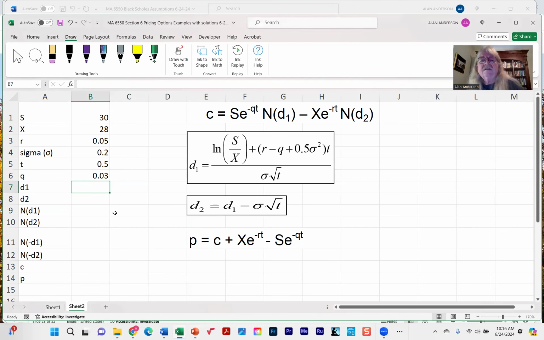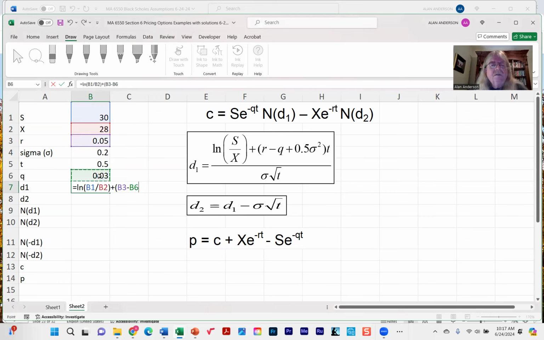Great. So then D1 is slightly different than what we did before. We have log S over X plus R minus Q plus a half of sigma squared times T. Now, all of that is my numerator.